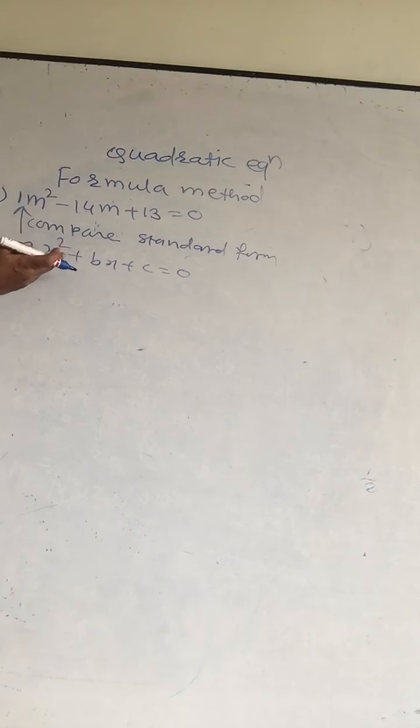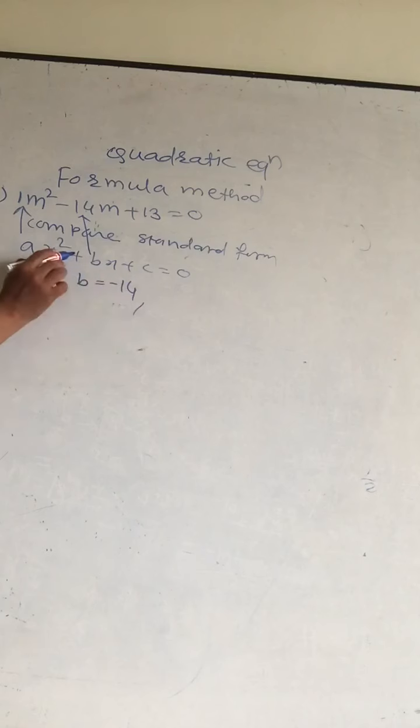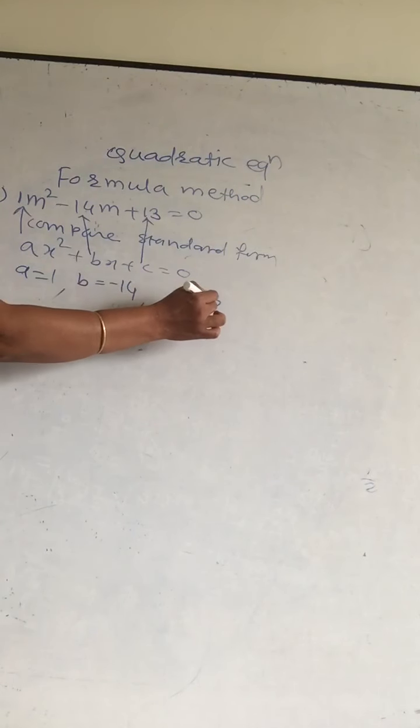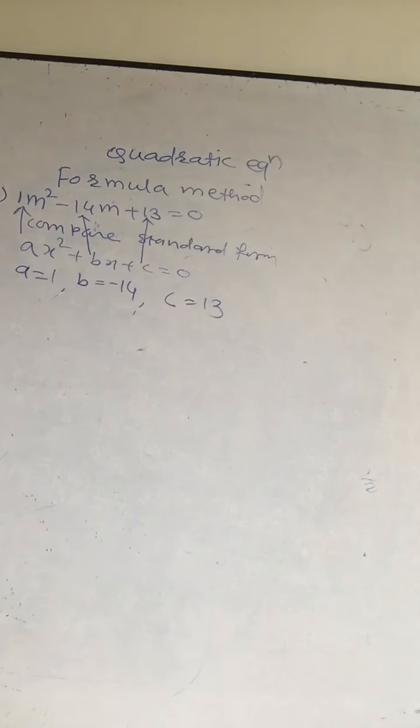The variable can vary, it changes, but a is equal to 1. The value of b is minus 14, because here it is plus b and here the value is minus, so b is equal to minus 14. c is equal to 13. So we get the values of a, b, c.